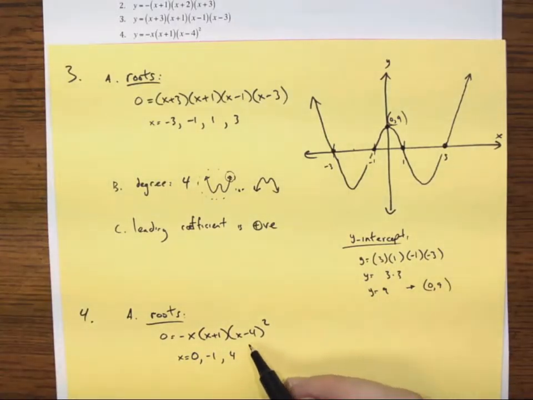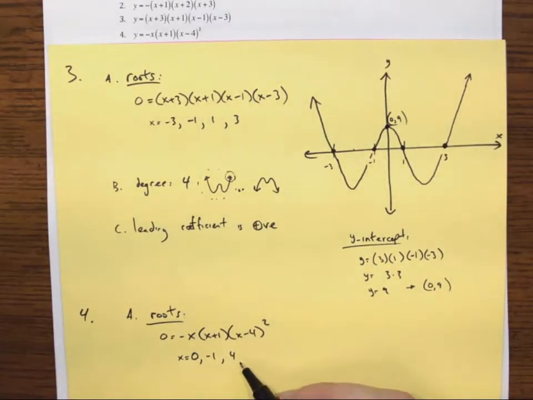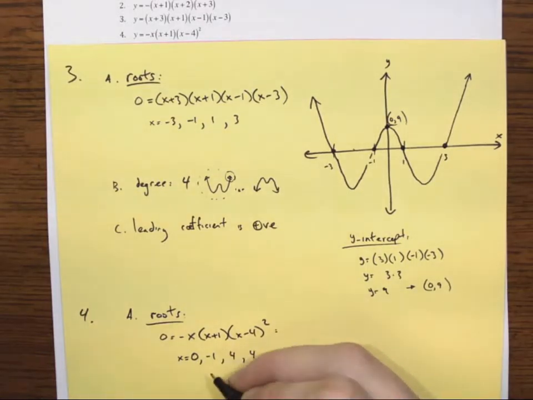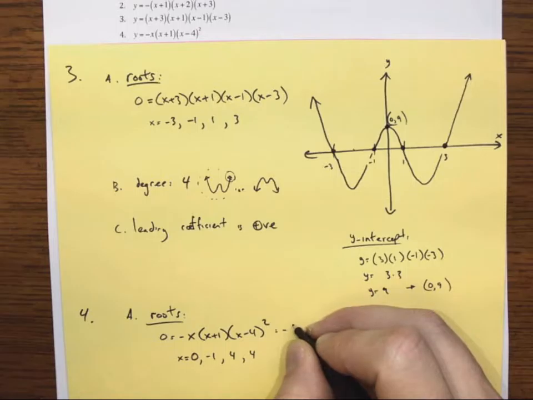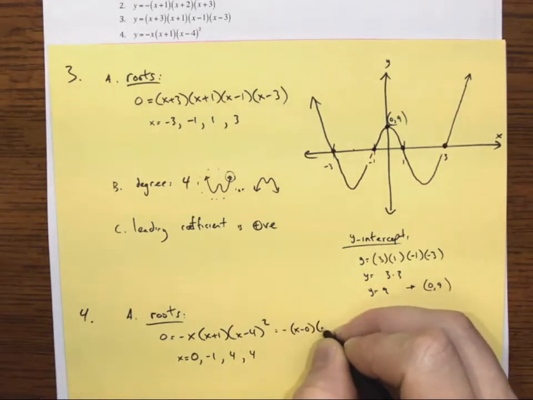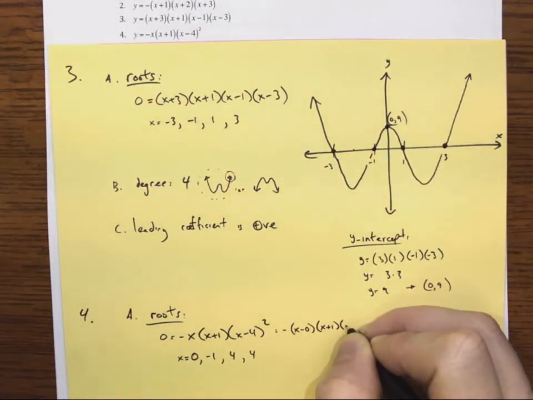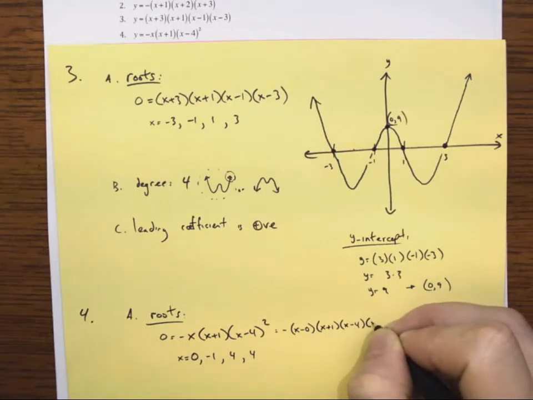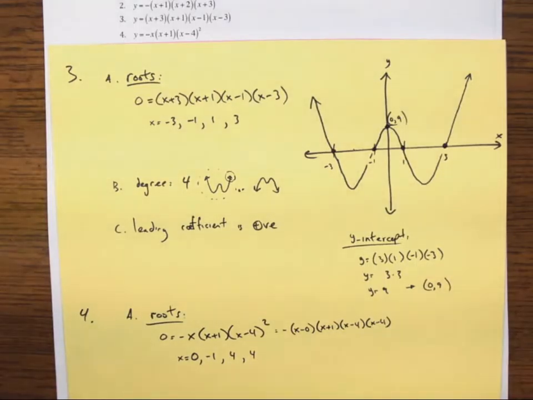I should have 2 roots of 4 here, and they're equal roots. 2 equal roots of 4. And the 0, in case you're wondering, is because this is the same thing as saying x minus 0 times x plus 1 times x minus 4 times x minus 4. All right.